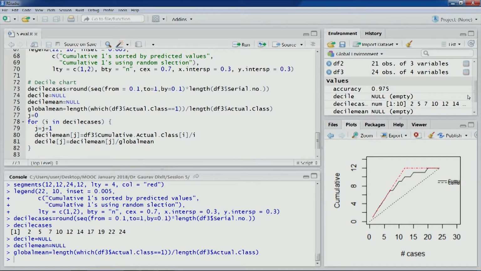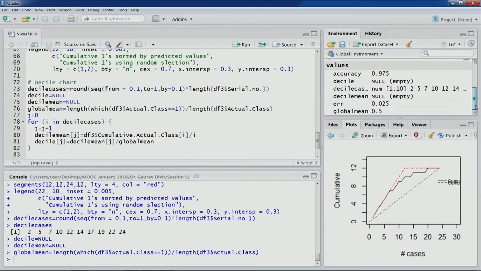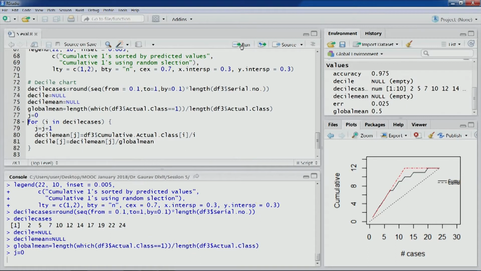The global mean has also been computed, as you can see, this value is 0.5. Now, let us initialize this particular counter. In this for loop, we are running a counter i over all the decile cases, and in this case there are 10 such deciles, so the loop is going to run 10 times. In the next line of the for loop, the decile mean for every decile is being computed.